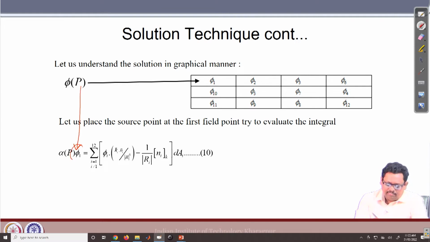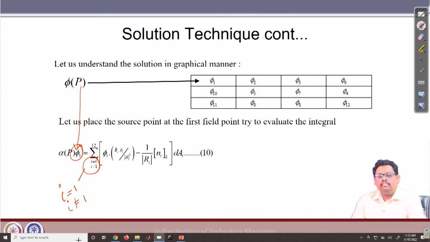So, writing this part as phi 1, and then what I do is take the summation, where I is equal to 1 and then I is not equal to 1.